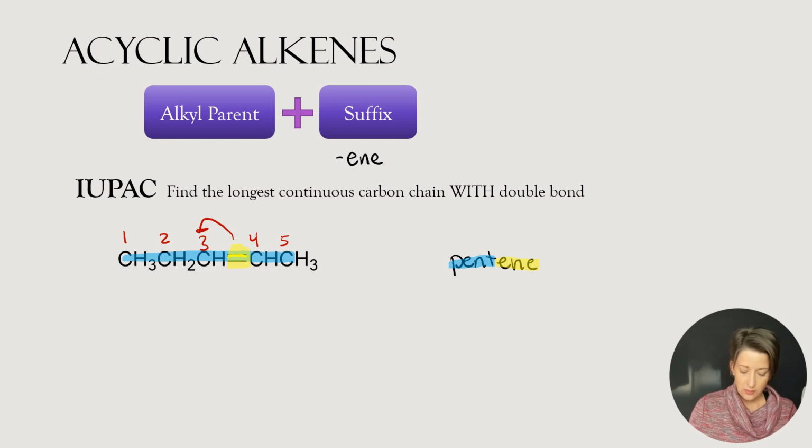In the other direction, we've got 1, 2, 3, 4, 5. So this is telling us that the carbon double bond is starting on carbon 2 and going to carbon 3. That gives us the lowest number. Therefore, this structure is 2-pentene, with that 2 belonging to the ene itself.